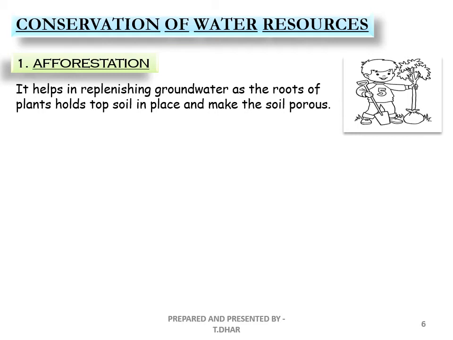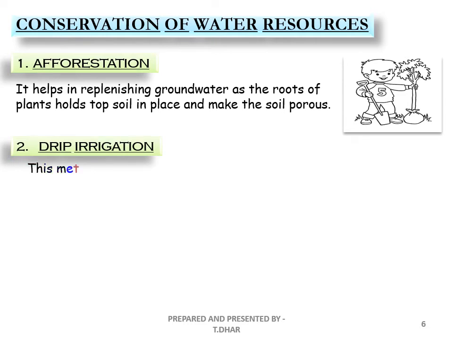When the soil gets porous, the rainwater seeps easily through the ground, and that water gets deposited in the underground water deposit. So in this way, afforestation or planting more trees can help in preserving or conservation of water resources.